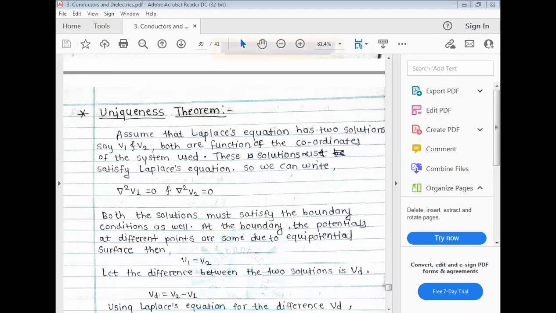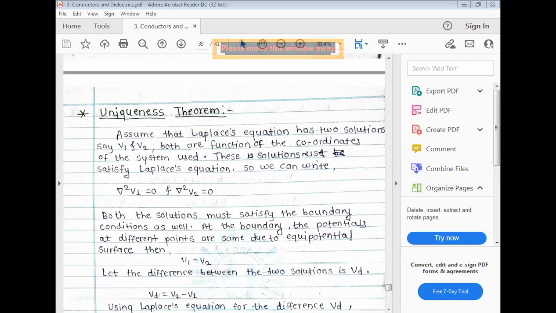This uniqueness theorem is frequently asked in examination. Whenever they ask a question on the third chapter, they ask the uniqueness theorem, boundary conditions, and capacitance. These are important points.